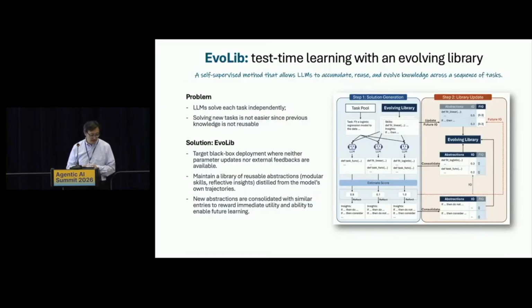Now, I want to give a quick update of this project. It's test-time learning with evolving libraries. Memory is important, but typically we view memory as a storage of raw experience. But this experience is not learning. Very quickly you will say, oh, I collected a lot of experience previously, and I have no idea how to use this experience to solve new tasks.